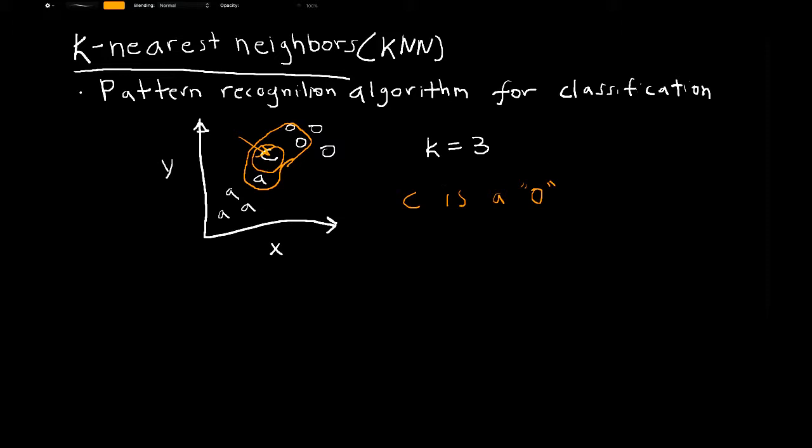So now that we have an idea of what k-nearest neighbors is, how are we actually going to find the distance between these two points?